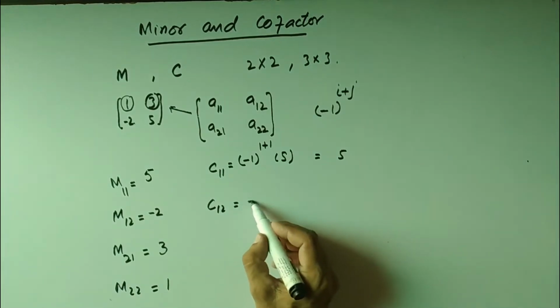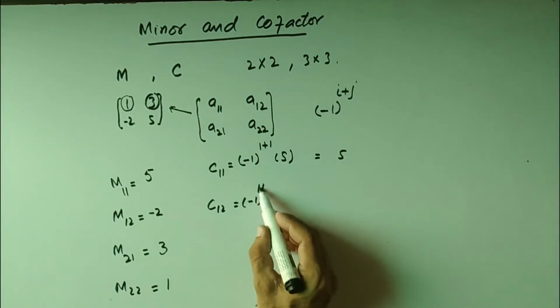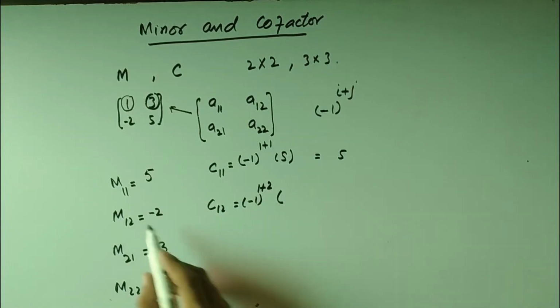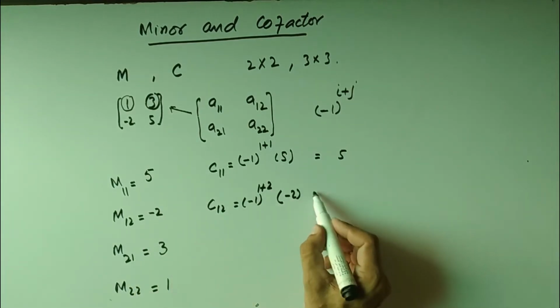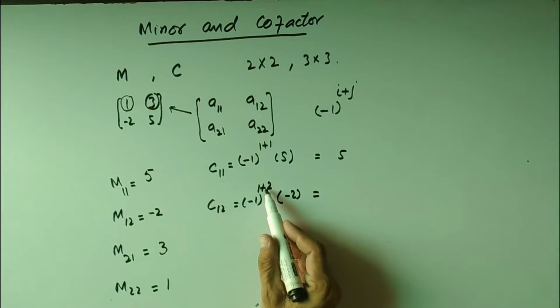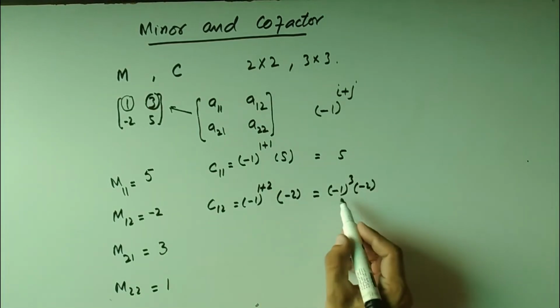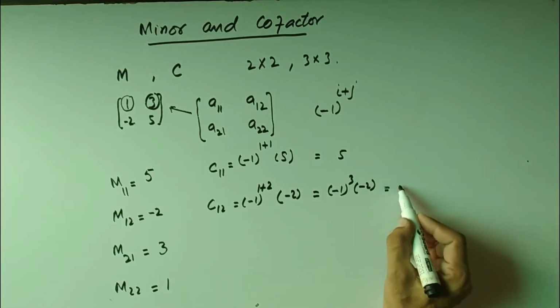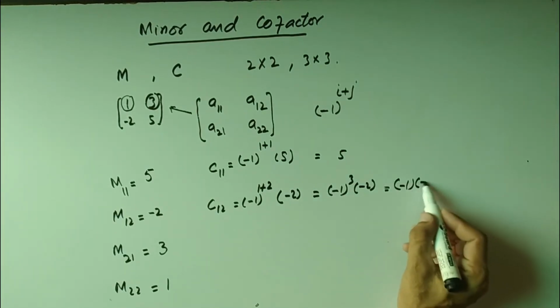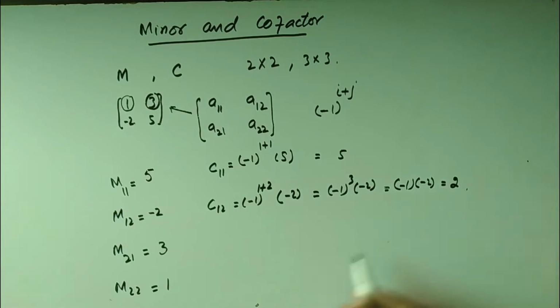We can solve C12: minus 1 raised to the power 1 plus 2, and the answer of the minor is minus 2. So it is minus 1 raised to the power 3 times minus 2, that is minus 1 into minus 2, so the answer will be 2.